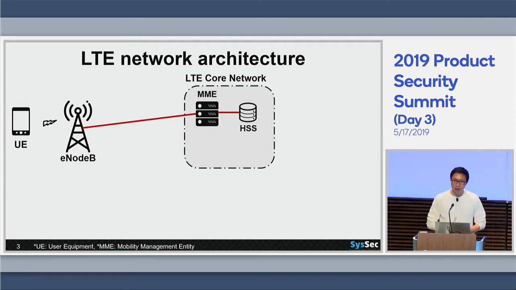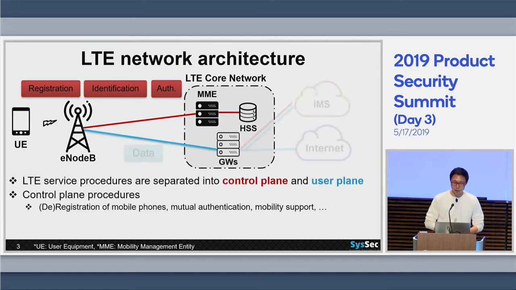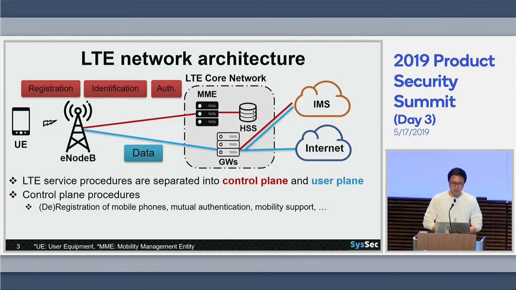The MME is the most important node in the LTE core network, so it handles critical control plane procedures such as registration, UE identification and authentication, security controls, session establishment, and so on. After completing the registration, the UE finally connects to the data network through the gateways.